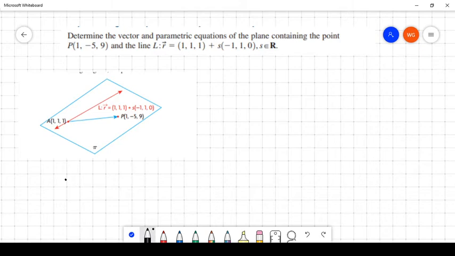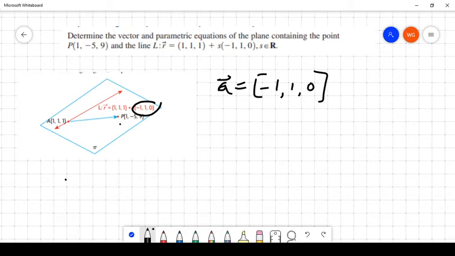So all we have to do to tackle this problem is understand that we need a second direction, because we already have one direction in which we can create a spanning set. We'll call it vector A. We already have a direction vector A, and that direction vector happens to be (-1, 1, 0).